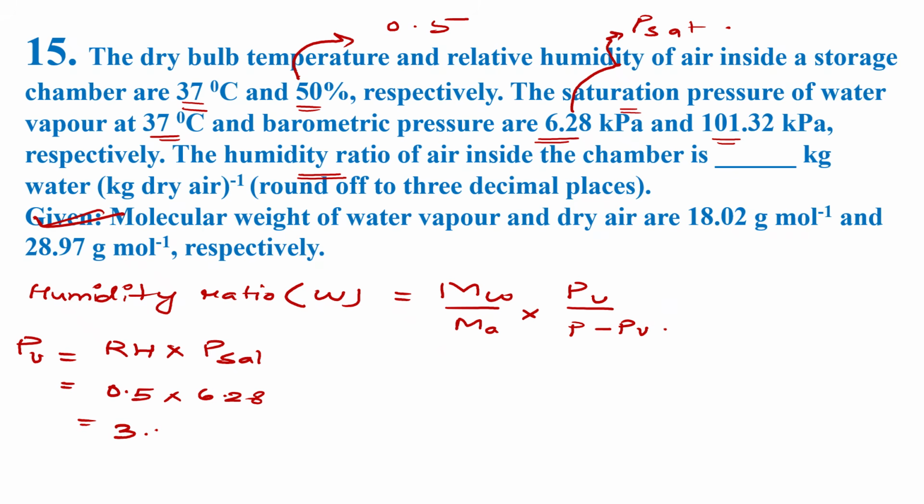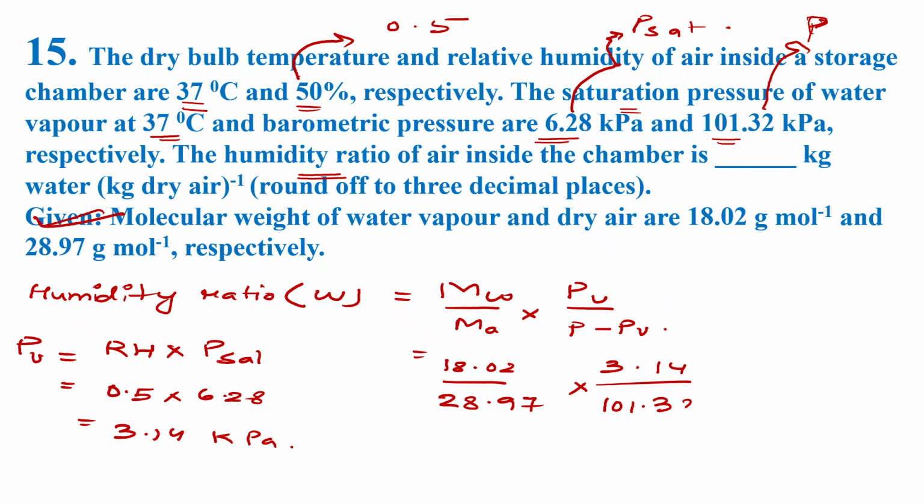Just put the values in now. MW is given to us as 18.02. MA is given to us as 28.97. PV we just calculated, that is 3.14. P is given to us as 101.32, minus 3.14.